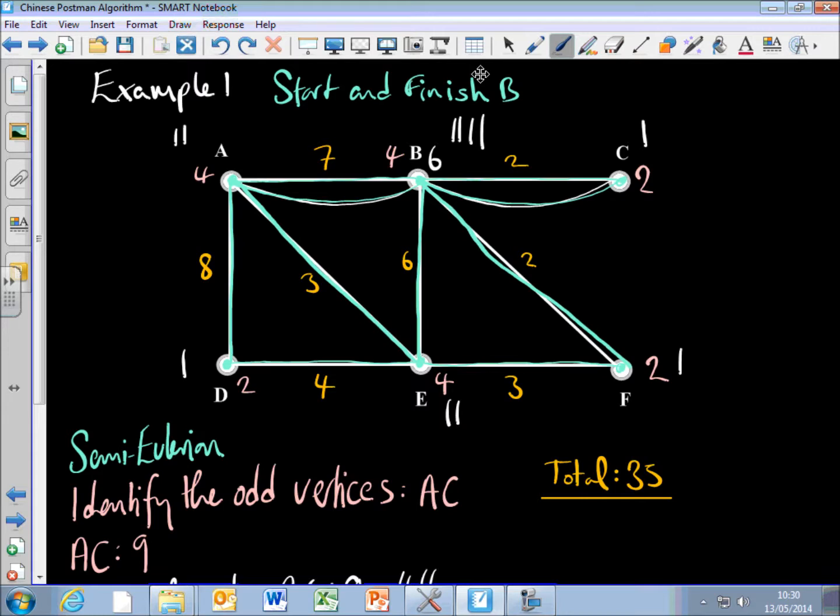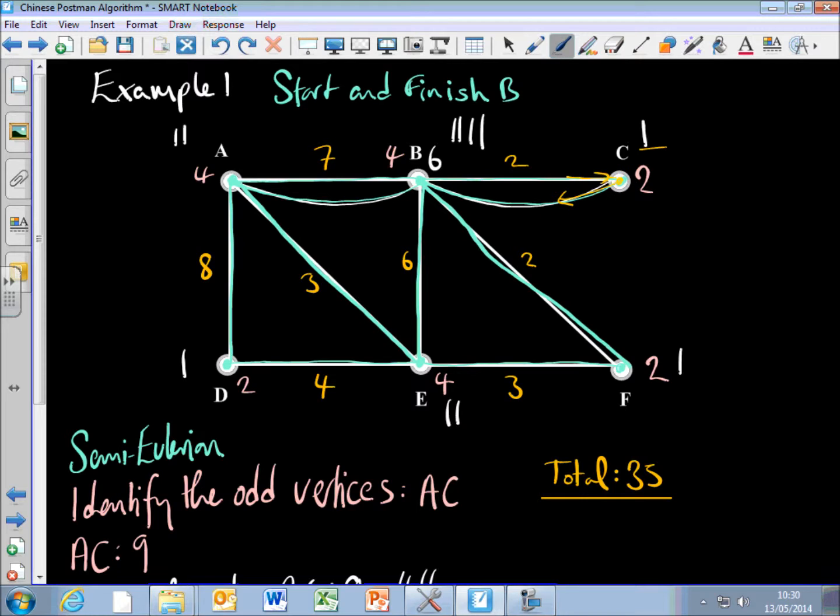So let's have a look at how many times I stood next to a statue at C, for example. I stood next to a statue at C once, but you can see there's a link between the order of the node and how many times I go to the node. The order of the node was 2, and I went to the node once. So the amount of times I go to each node is half of the order. The order's 2, so there's a path in and there's a path out, which means I must have gone to C just once.